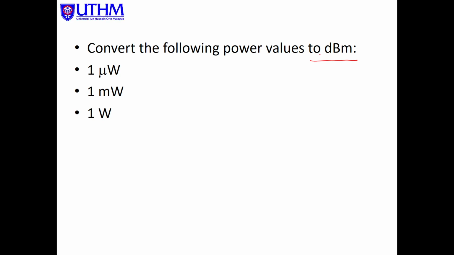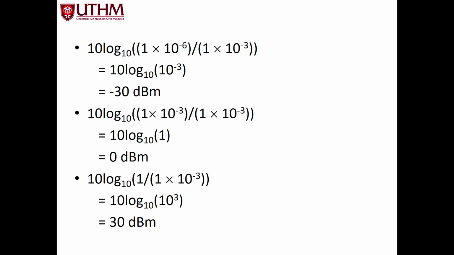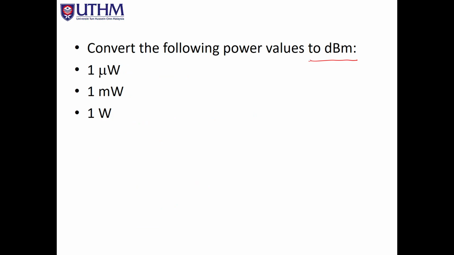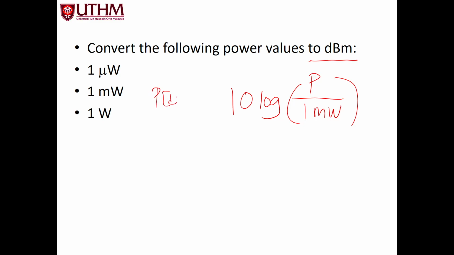Remember, if you want to convert into dBm, what we need to do is 10 log power divide with the reference value of 1 milliwatt. Okay, so we're gonna get power in terms of dBm.